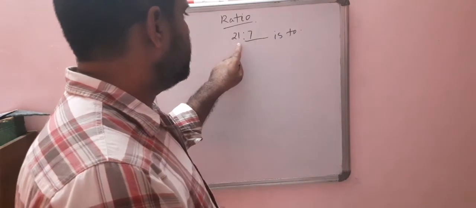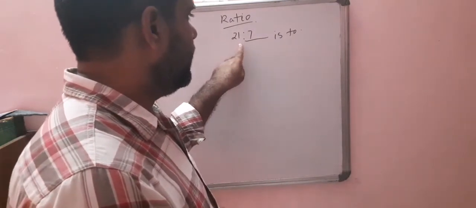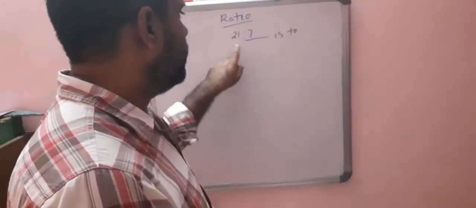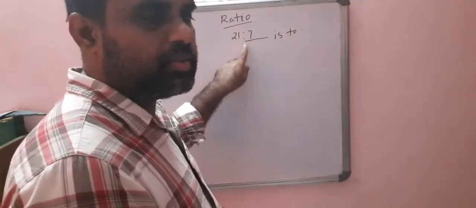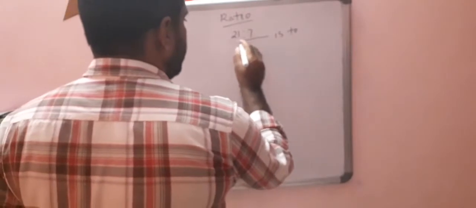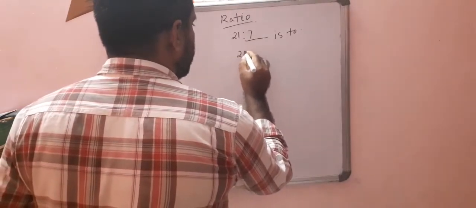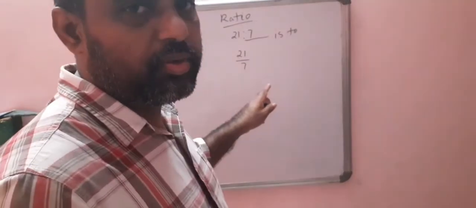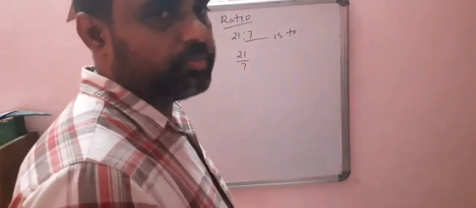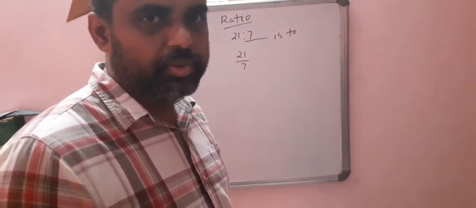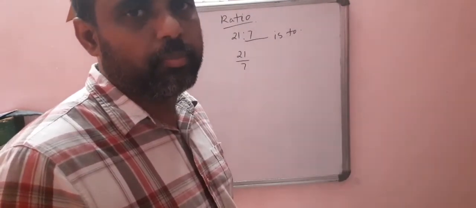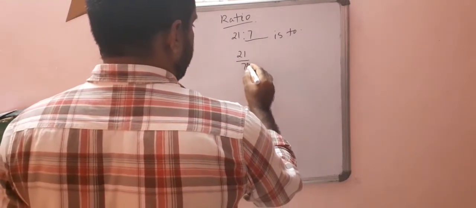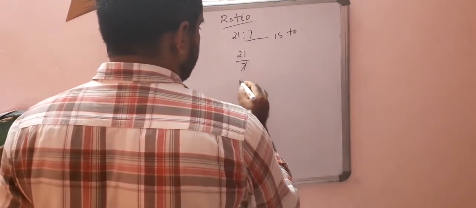So ratio is basically a comparison by division. So how will you simplify this further? You have to divide it. So 21 is to 7 says 21 by 7. You do it to further simplify this ratio. You have to show the ratio in its simplest form. So 21 by 7, you can divide using 7.